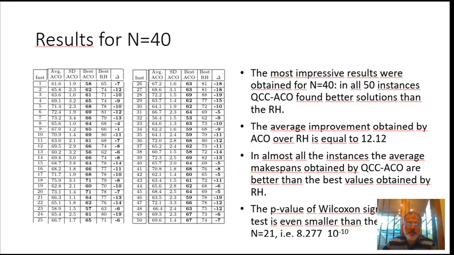But the best performances have been obtained in the N equal to 40 case, where we have improved all 50 instances. In addition, in almost all the instances, the average makespans obtained by the ant colony optimization were better than the best values obtained by the rollout heuristics of Chand et al. 2019. Again, the Wilcoxon signed-rank test certified even more the validity of our results.